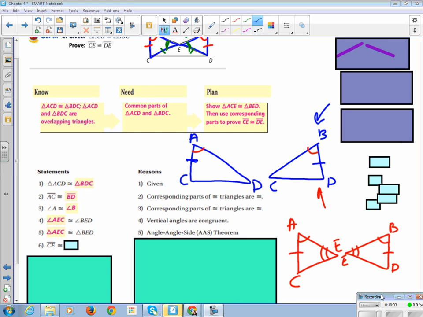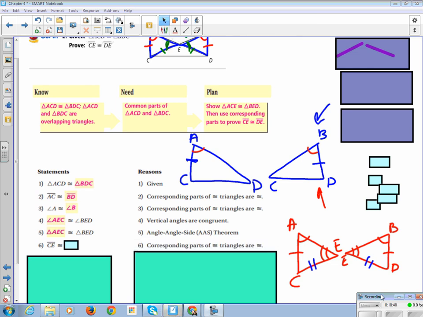If we know that these two triangles are congruent, we can say that CE is congruent to ED because corresponding parts of congruent triangles are congruent.